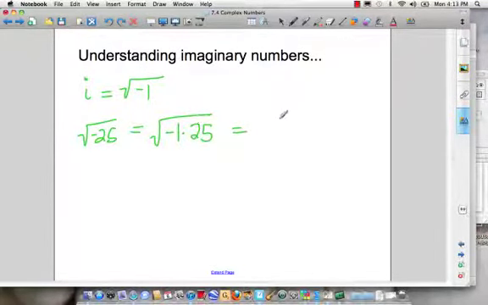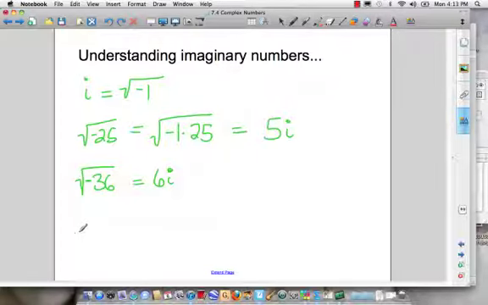The square root of 25 is 5, and the square root of negative 1 is i. So in general, if you know the square root of a positive number like 36, in order to find the square root of its opposite, well, the square root of 36 is 6, so the square root of negative 36 is 6i.